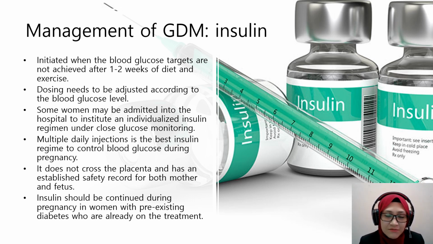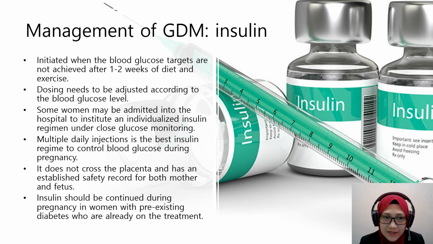So they need to read it every week. So it's a way of monitoring whether they achieve the required fasting blood glucose or 2-hour postprandial. If it's not controlled based on the SMBG readings, they need to be started with either insulin or any oral antidiabetics.